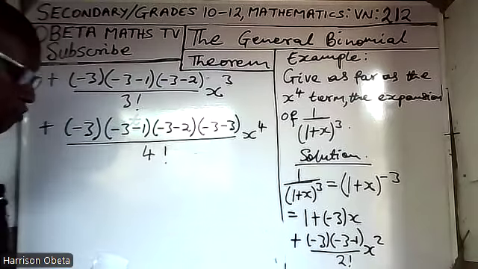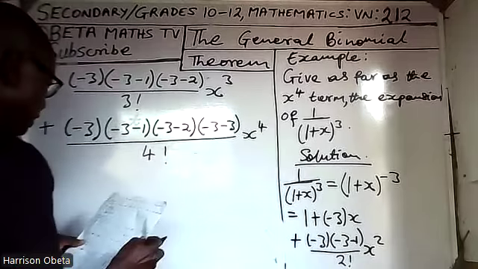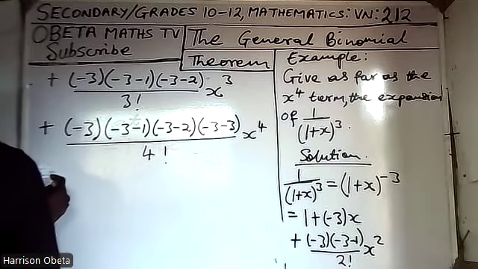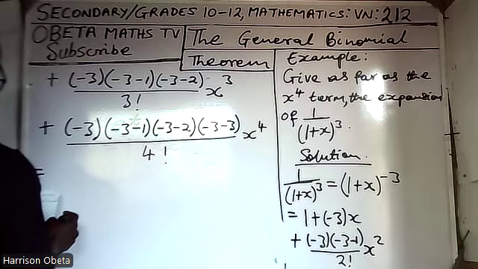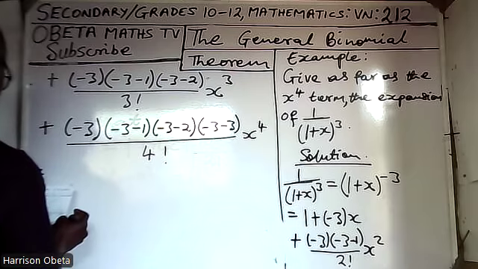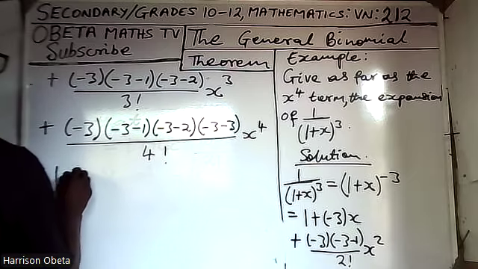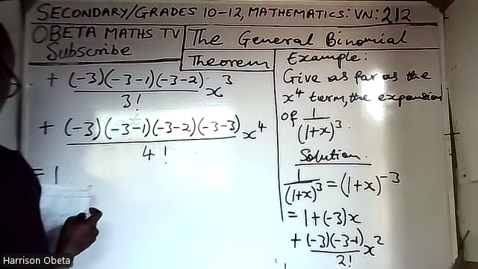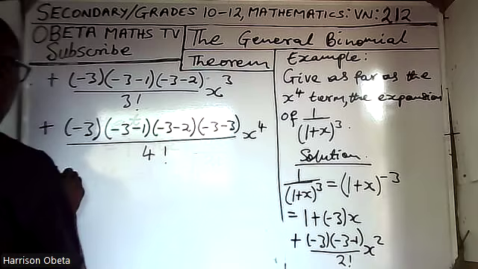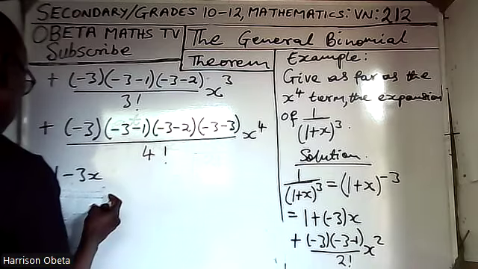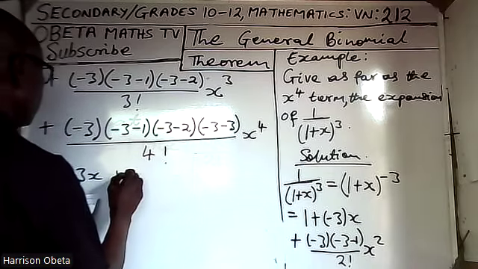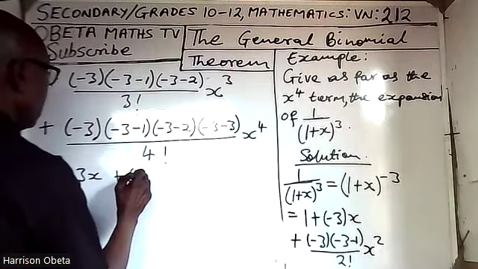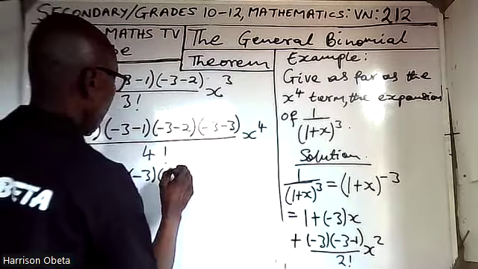Okay, so moving on from there, the next step now will be that this is equal to 1 minus 3x, then plus (minus 3) into (minus 4).